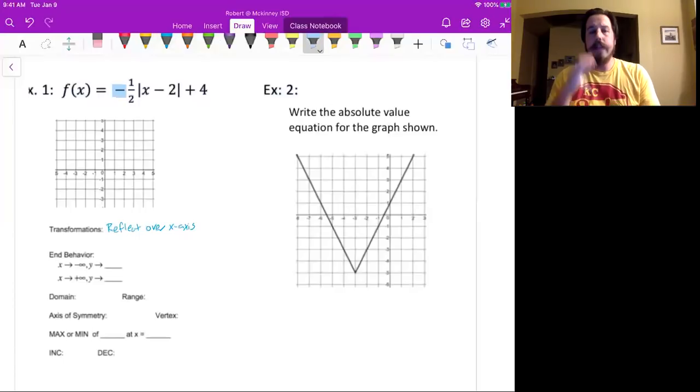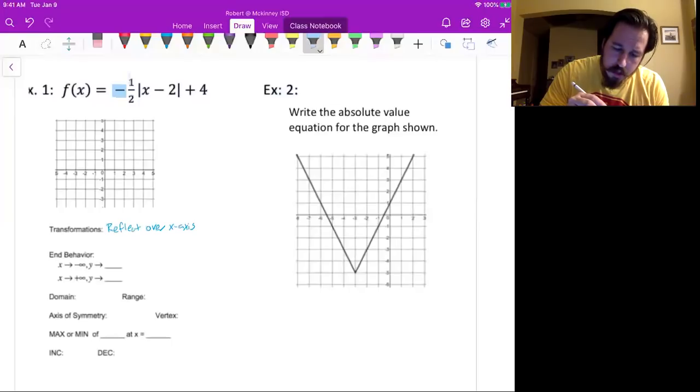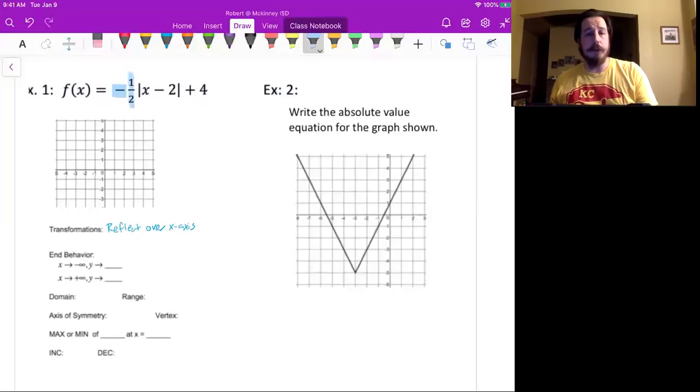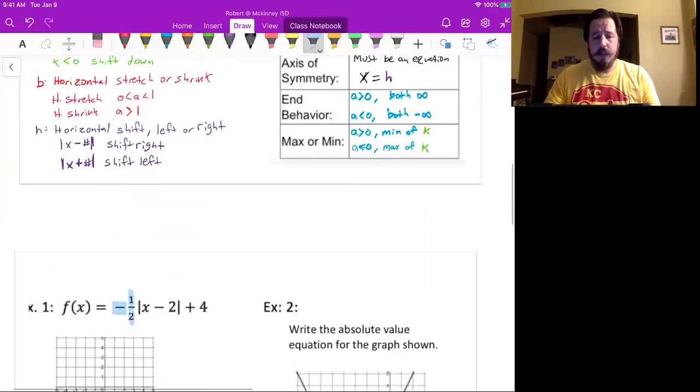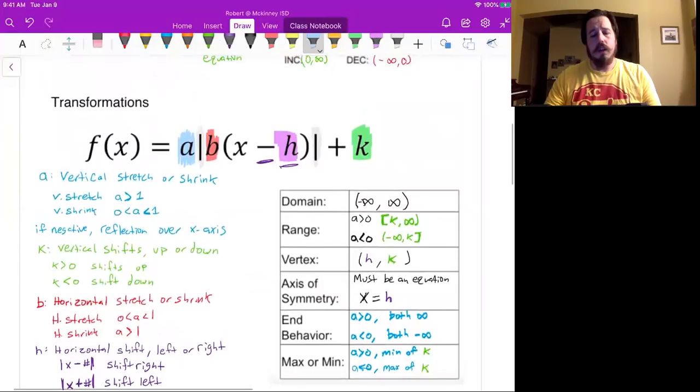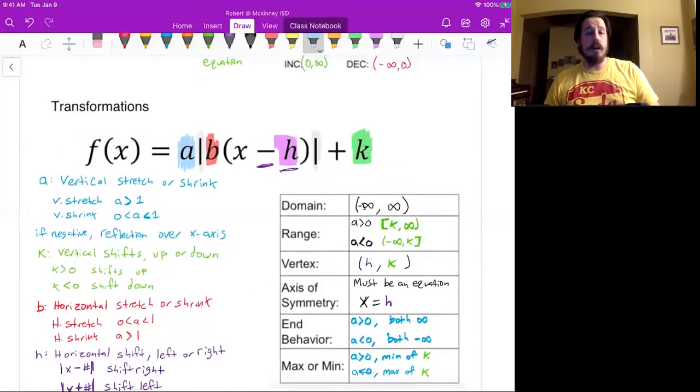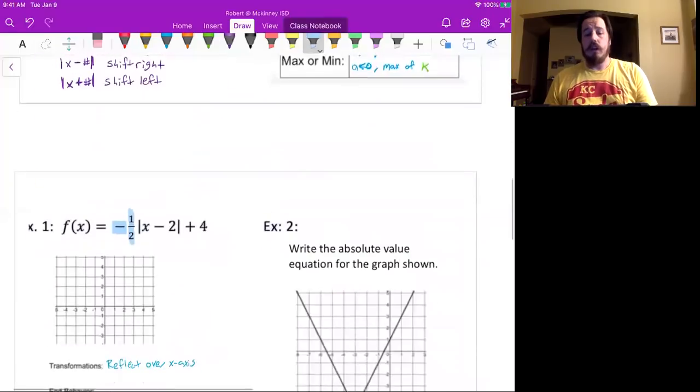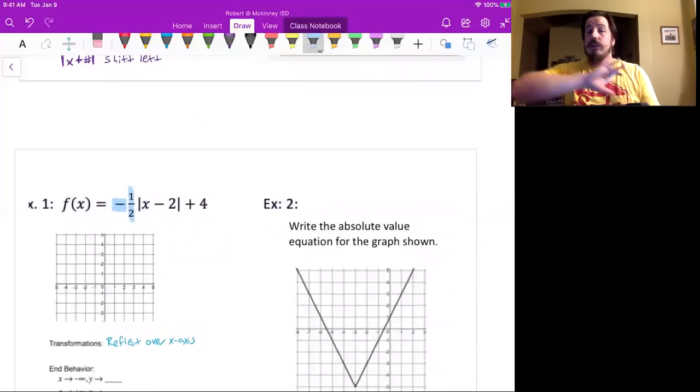Okay. The next thing that we have that is still associated with A is that number value. Now, when I said up here that if A is greater than 1, it's a stretch, and if A is between 0 and 1, it's a vertical shrink, what I mean is just the number value. As we see, that negative does its own transformation in doing a reflection or not.